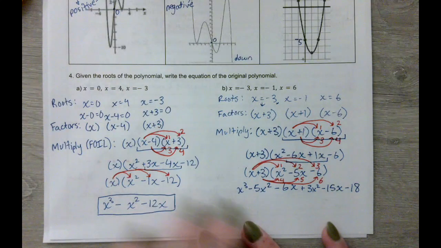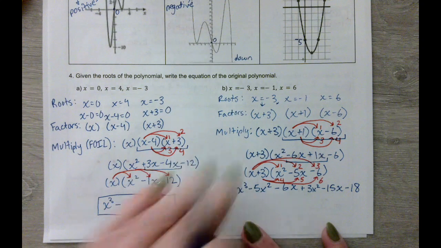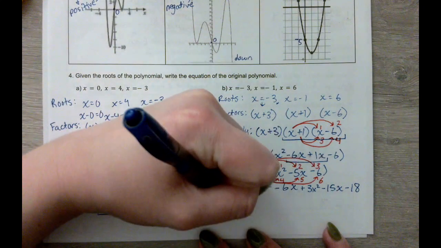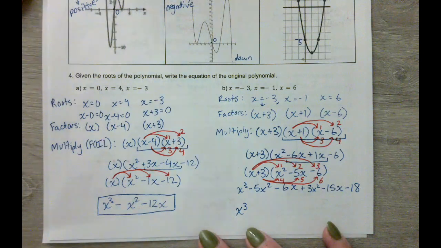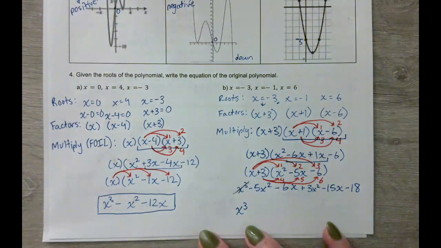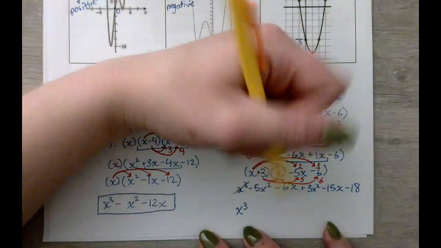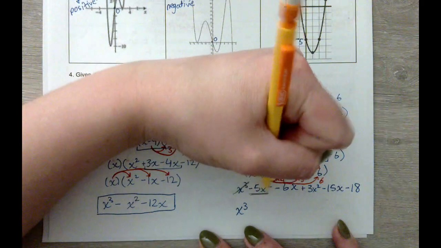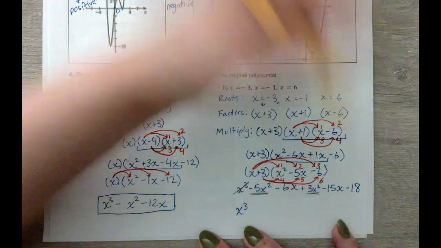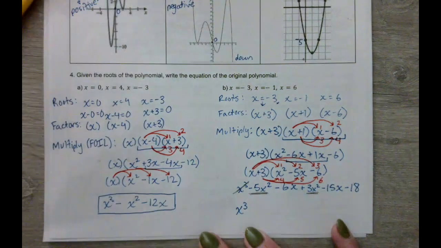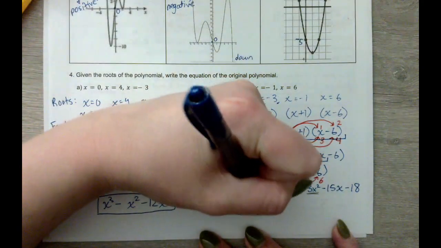Now, this is why I recommend the order of things that I do, because I ended up having my highest term in front. So I don't have to go finding it. It's the x cubed already in front. So there's my x cubed. Next, I'm going to look for squareds, and I have 2 of them. I have negative 5x squared and positive 3x squared. Negative 5 and positive 3, that's negative 2x squared.